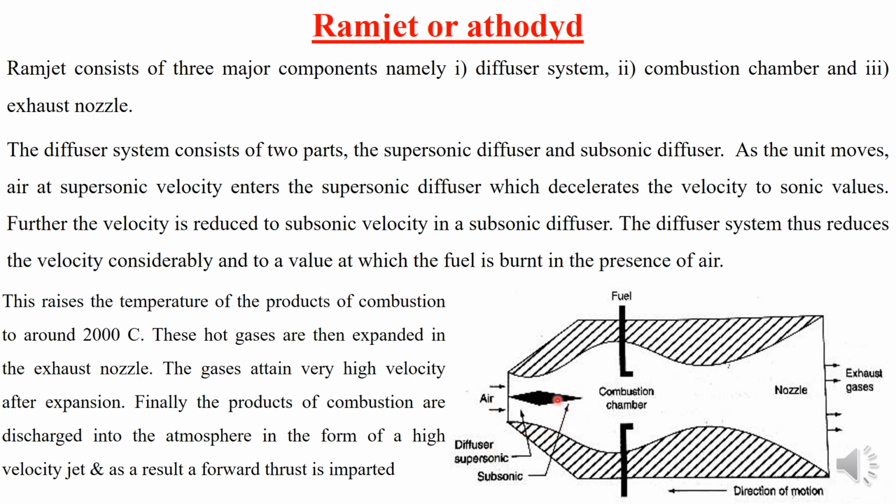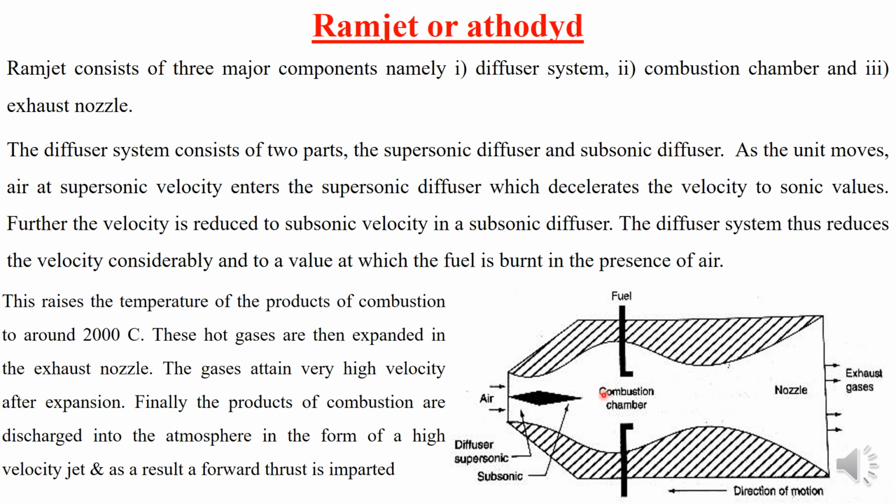Then it is further reduced by the subsonic diffuser. In the subsonic diffuser, the velocity is still being reduced. That means compression has taken place, and the velocity gets converted into pressure.